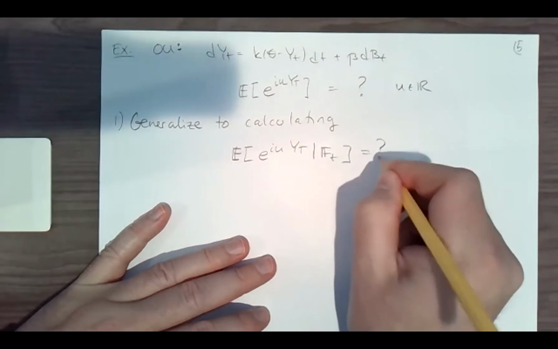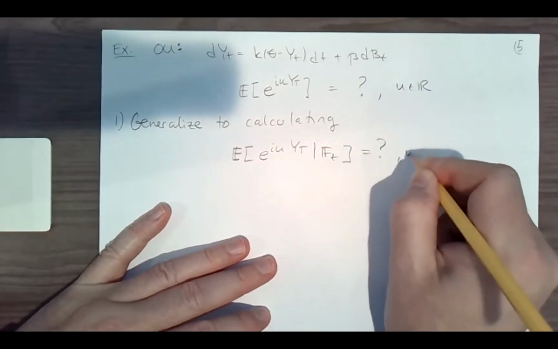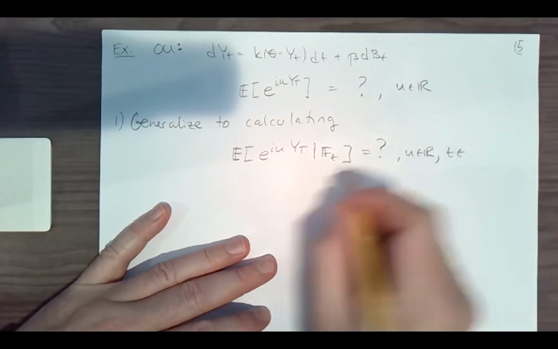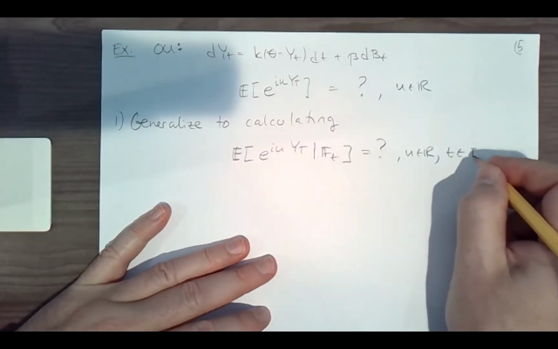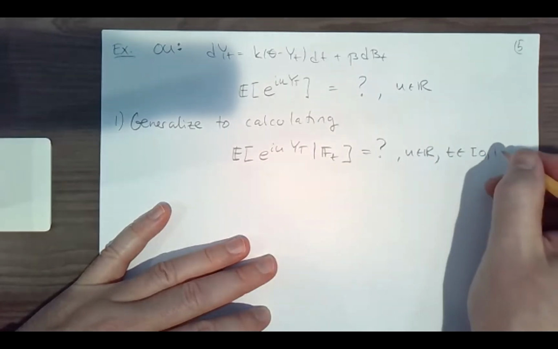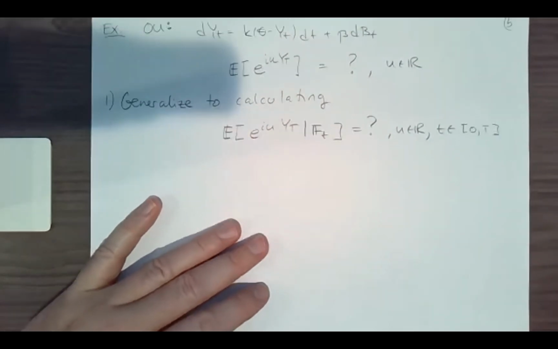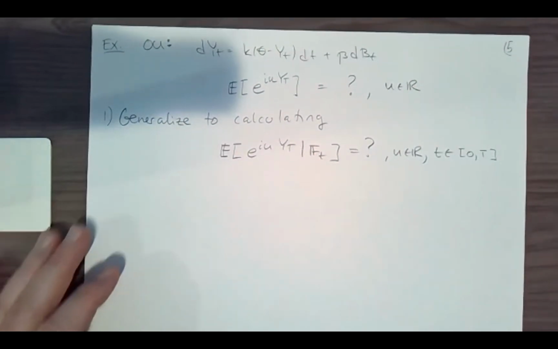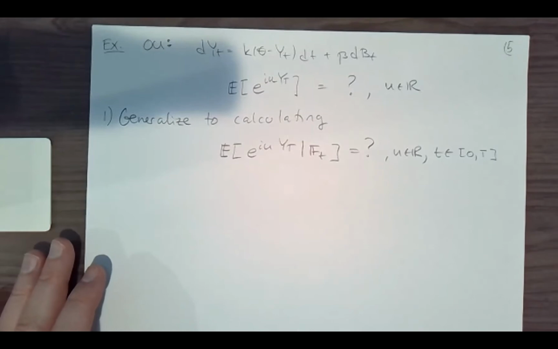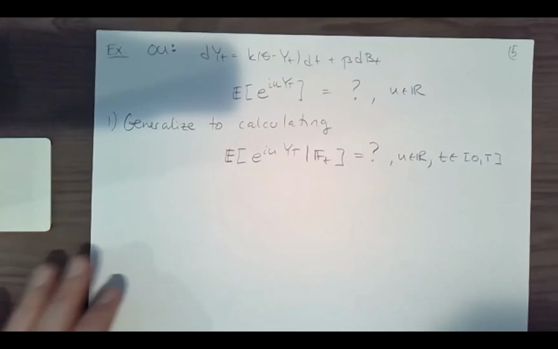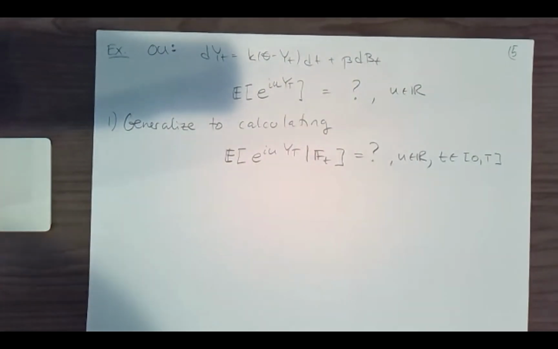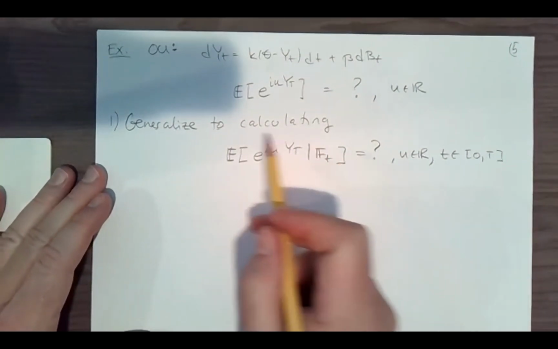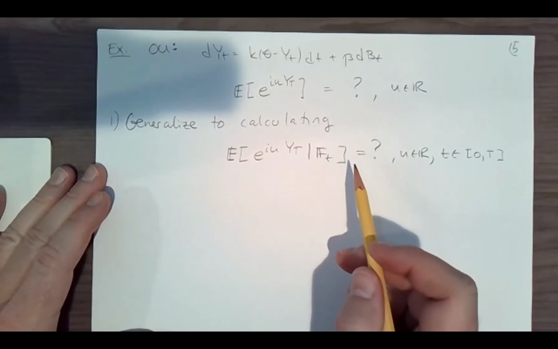So I want to know what this is, and I want to know it for u in R and for t between 0 and capital T. So you take one problem and you make it more complicated. That seems like a bad idea, but the thing that makes it all work is that this object here has a very special structure.